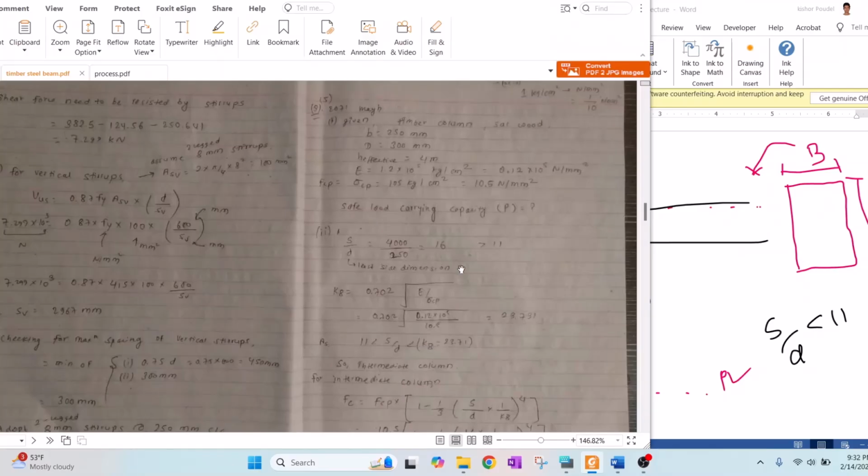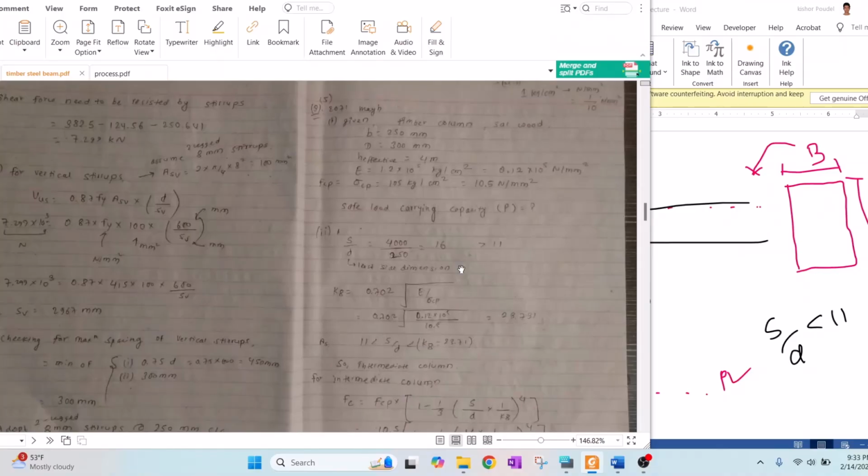One important thing I find very necessary to know is that there is a difference between the capacity of the column section and the capacity of the column member. The permissible compression capacity of a section is the same for the same wood, but the actual capacity of the column depends on the length of the column, whether it is a short column, long column, or intermediate column.